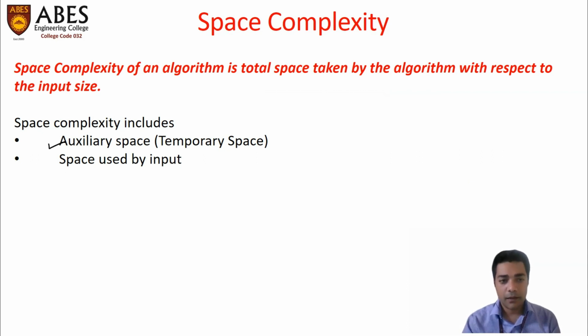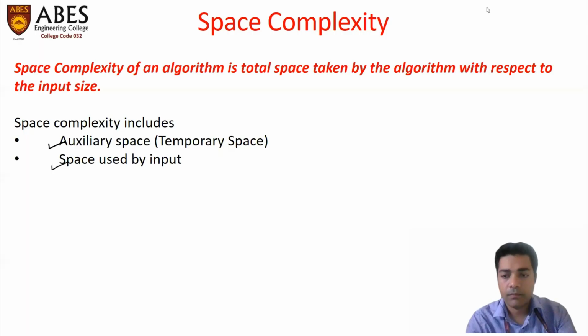But there is also some space used for the input, because we may need to store the input for further use. So the space used for the input is one space we need, and the auxiliary space is the temporary space we need for a certain input. Okay, so moving on.